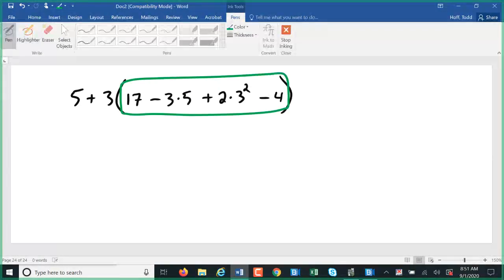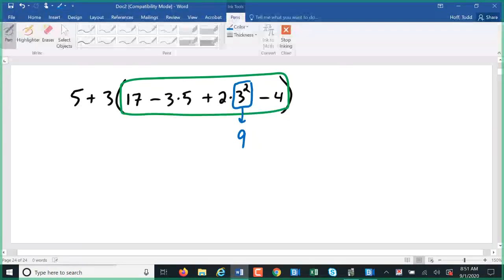Now, inside that parentheses, inside the green box, let's say, order of operations still applies. So we look, there are no other enclosing symbols. There is an exponent, the 3 to the power of 2. Well, 3 squared is 9, so I'm going to replace that 3 squared with 9. Everything outside that box has to be rewritten exactly the way it was.